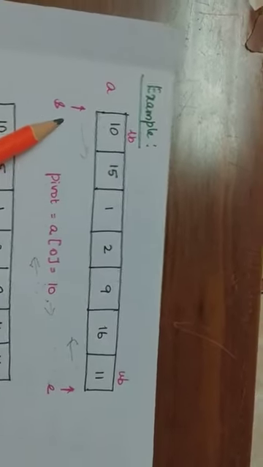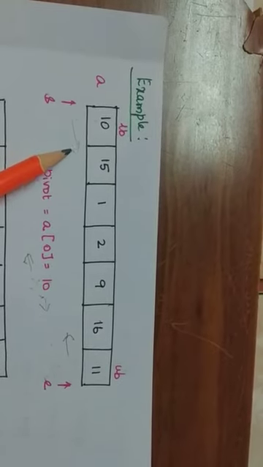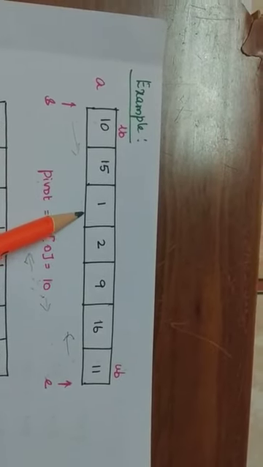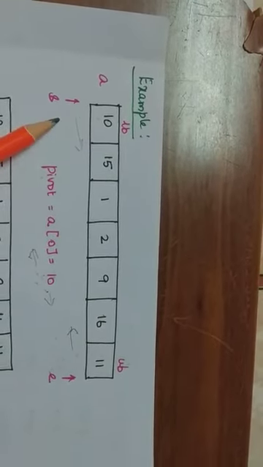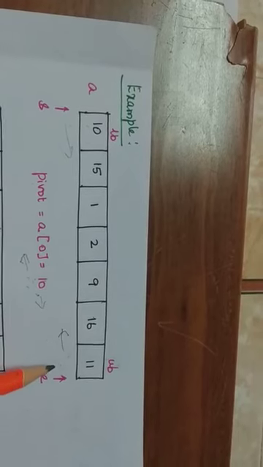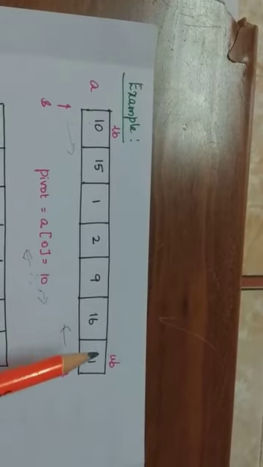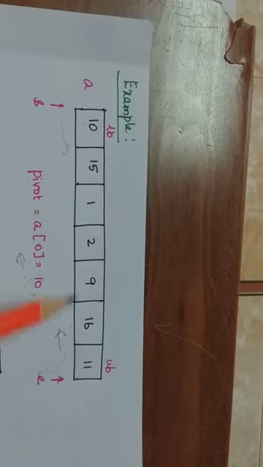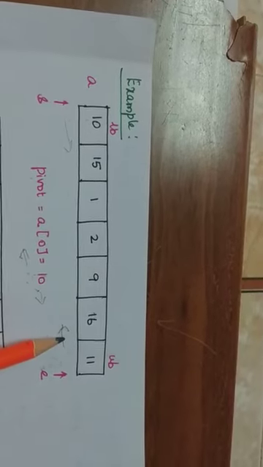Suppose when we are moving S and we find an element greater than the pivot, we will not increment S, we will stop S here. Similarly, when we have any element less than the pivot, we will not decrement E, we will stop E. We will continue this process until it violates the condition.